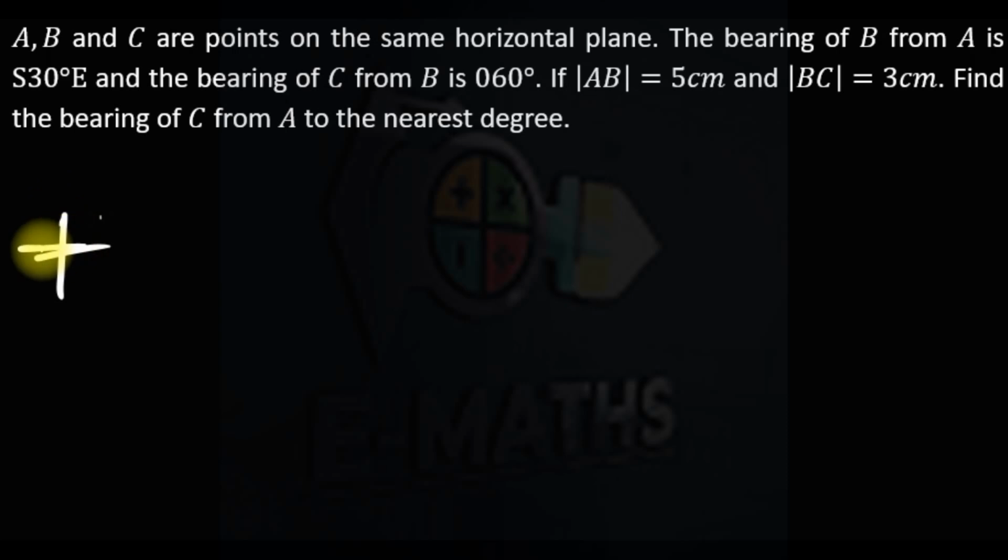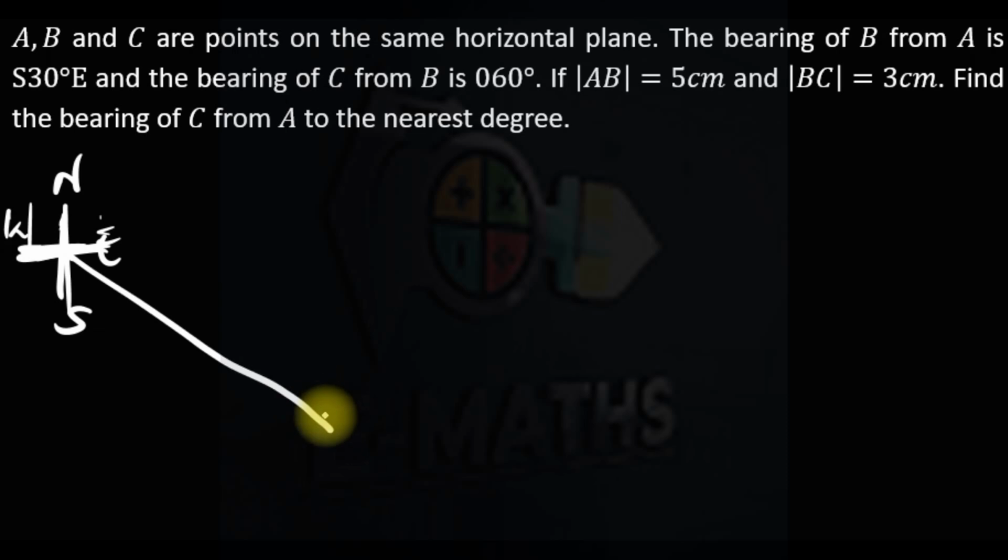So this is my north, south, east, west. So from A to B, this is my B. They said 30, so this is 30. And since here is 30, here is also 30.